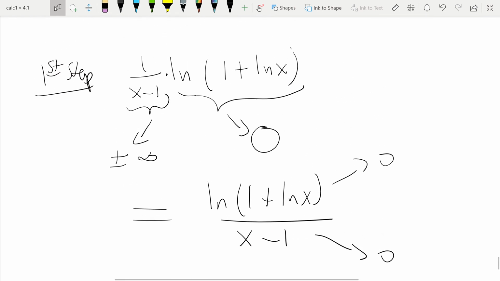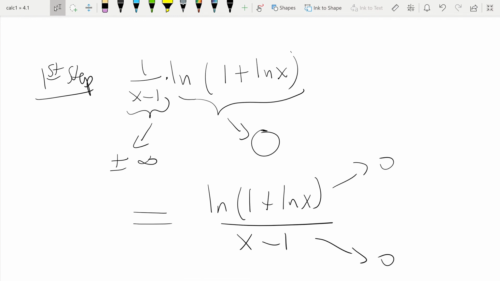But even if you didn't realize that, you should turn what's multiplying the natural log into a quotient, and just leave the natural log as it is.